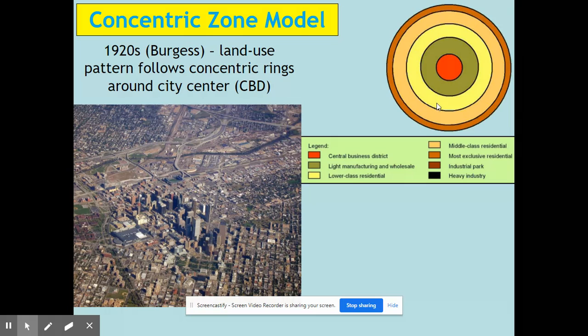And then the next generation, maybe they move to the most exclusive residential neighborhoods. This is a model that shows our upward mobility and that American dream. So definitely East Coast cities have developed in this model.